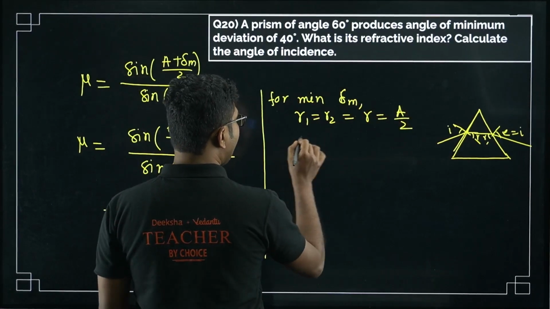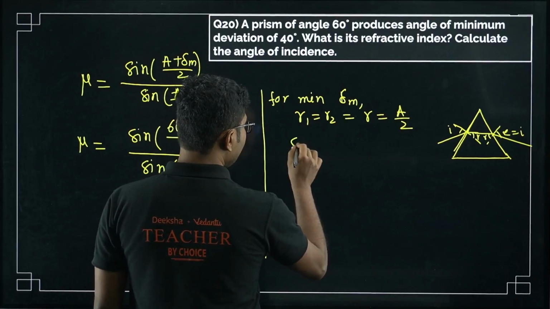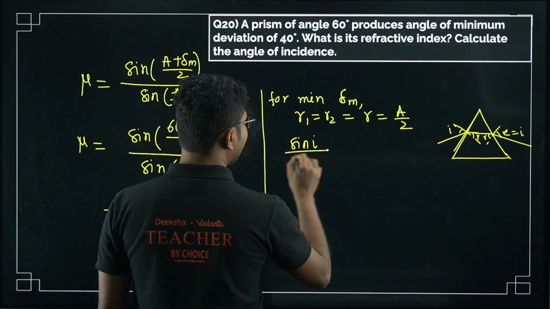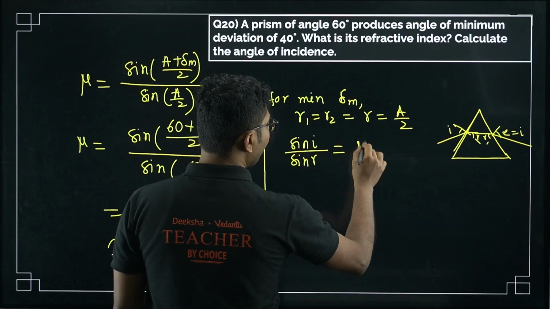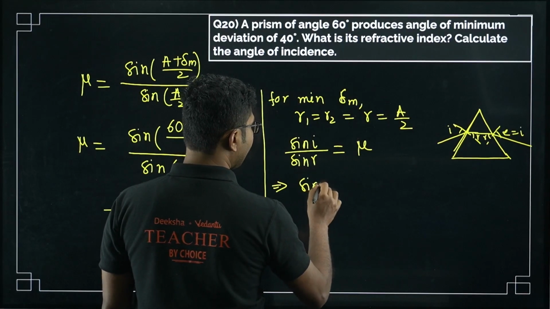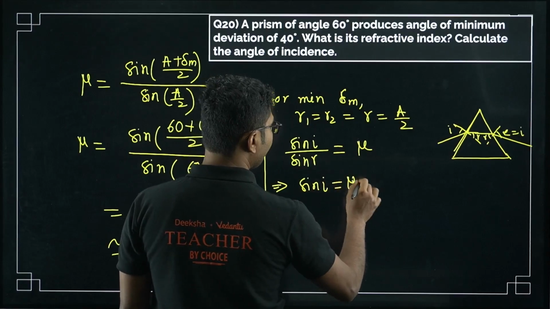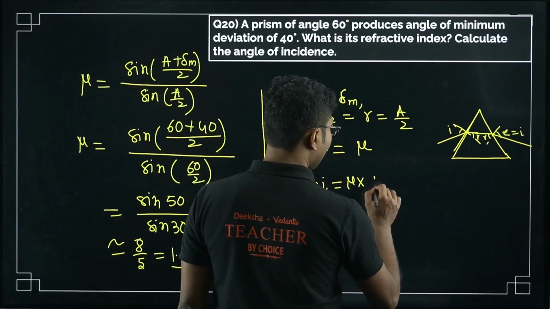We are trying to find I, mu we already know. So sin I by sin R is basically mu, right? So what is sin I? We don't know. Sin I equals mu into sin R, sin 30.